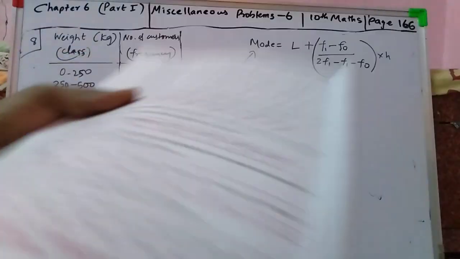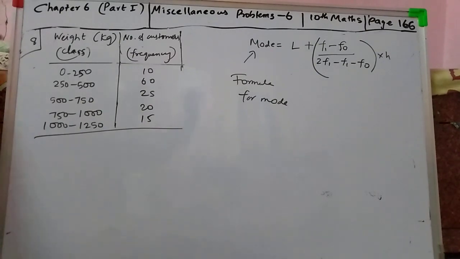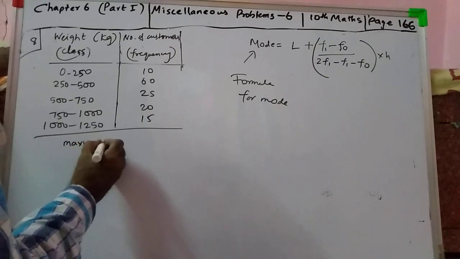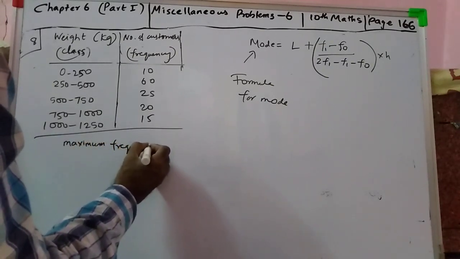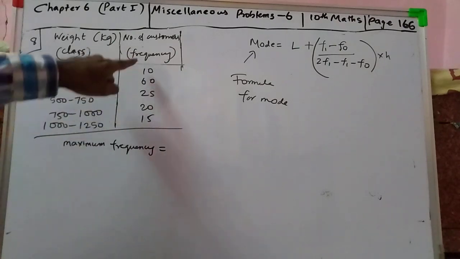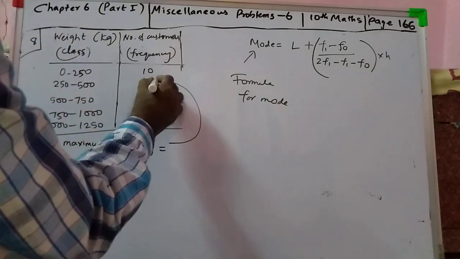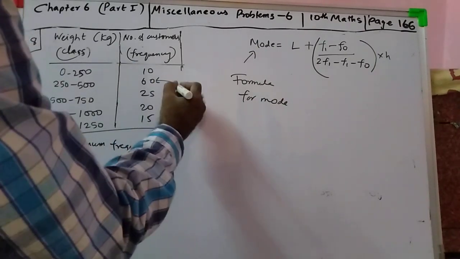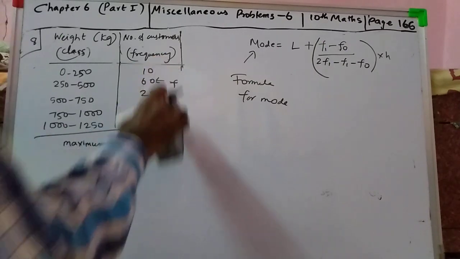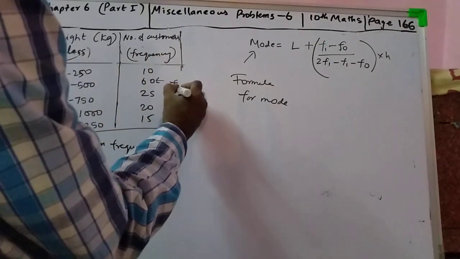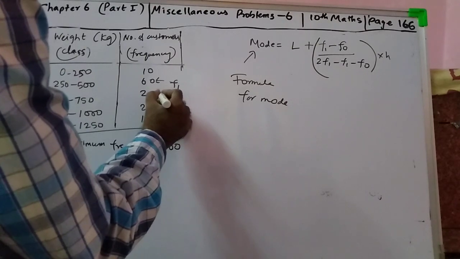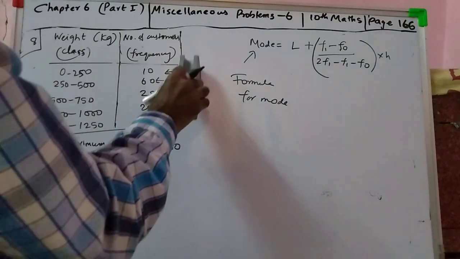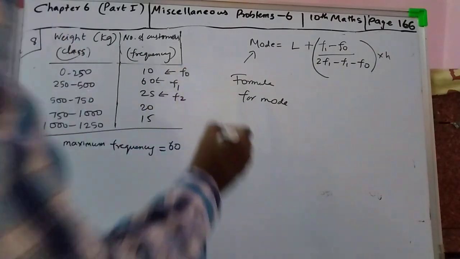Data is given. For finding the mode, the first step is to find the maximum frequency. That is 16. So take this one as F1, below that we take F2, and the one above we take as F0.